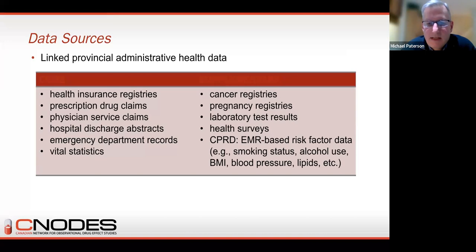And as Robert said, the clinical practice research data set, which is a UK EMR-based data set that has allowed us from time to time to bring in other risk factors as potential covariates and for confounding control that we wouldn't normally have access to in our administrative data. But these on the right-hand side are typically not used in our common data model projects. Next slide, please.